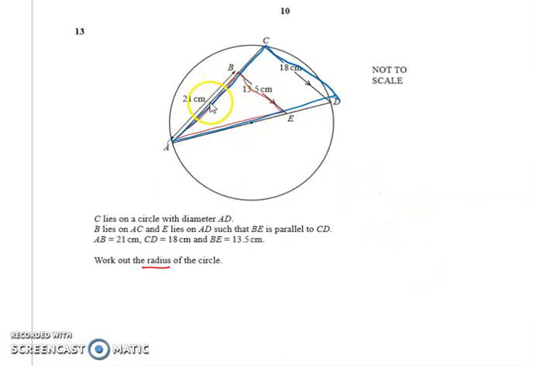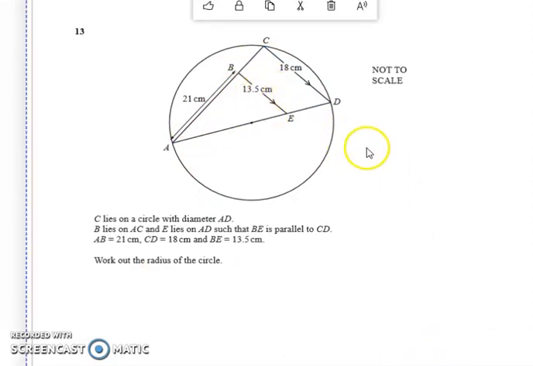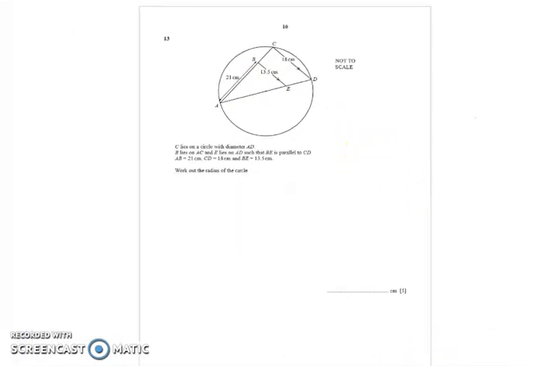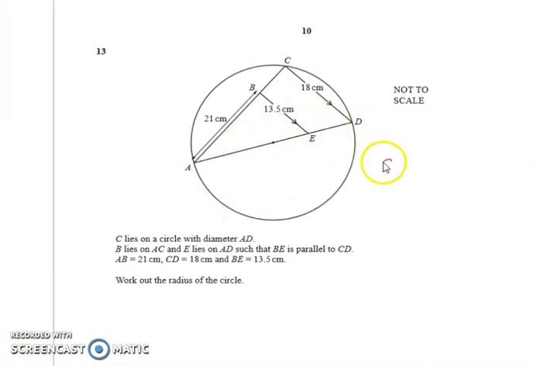So what we can do here is find the length of AC first. It will be 21 over 13.5 equals AC over 18. We have to make it similar: the lengths of AB and AC at this part, and at 13.5 the length of BE similar to CD.